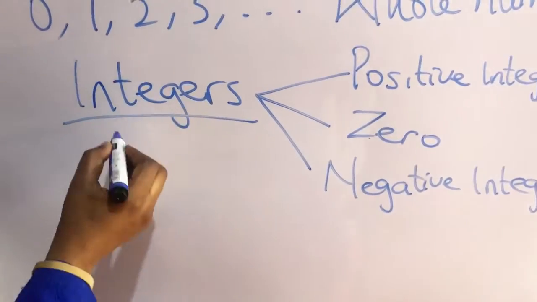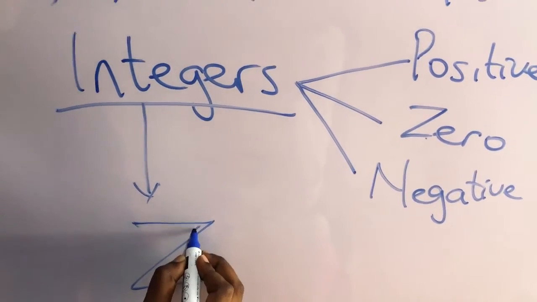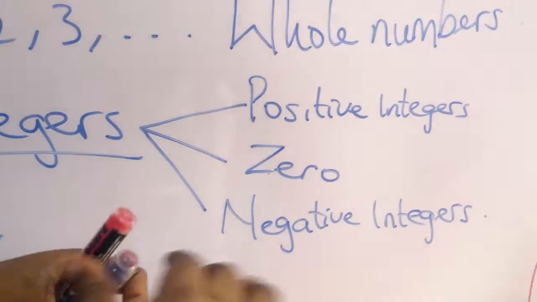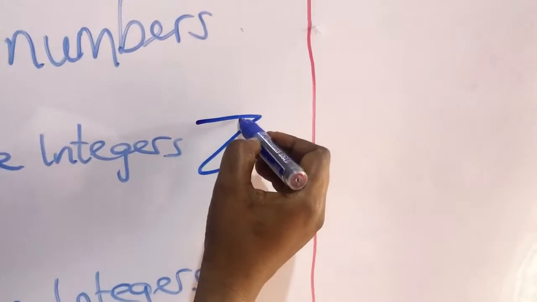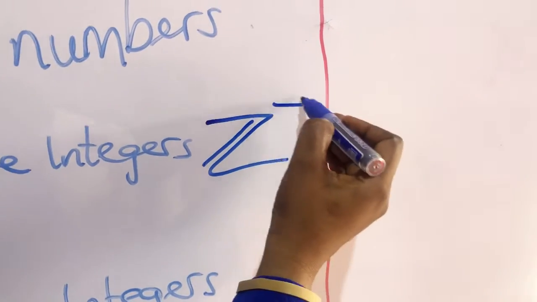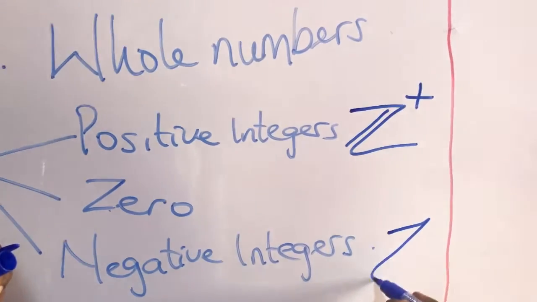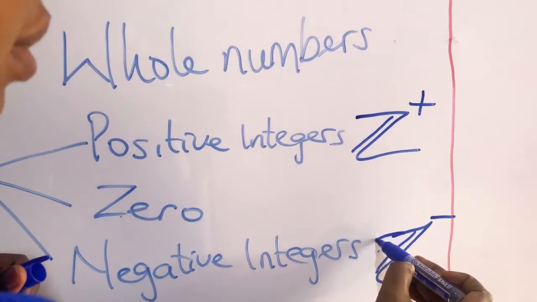Integers can be denoted by capital Z, then you put a slash in the middle. When you are talking of positive integers, you write capital Z, put slash, then you put plus at its edge. For negative integers, you write capital Z, then you put negative there.